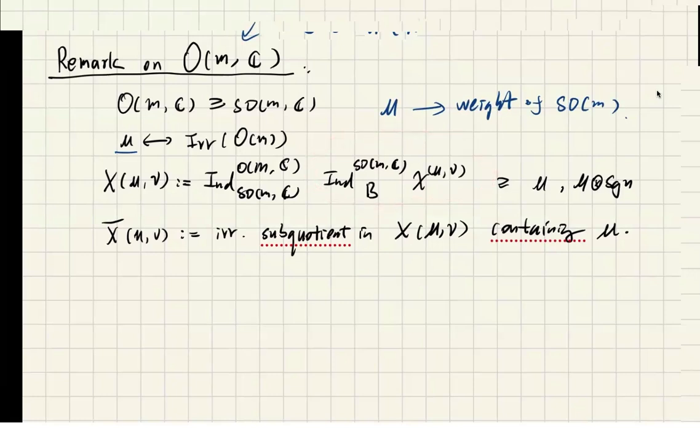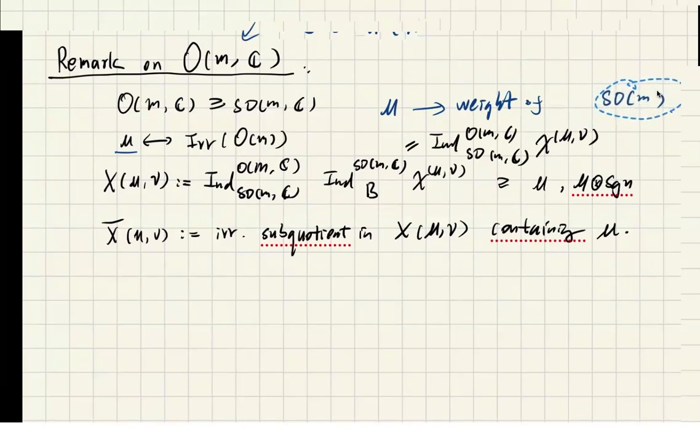Actually, by induction in stages, you can think of it as nothing but the induction of SO(m) of chi mu nu. Here, this mu is again a weight of T. When you restrict to the Borel, you also think of it as a weight of T.